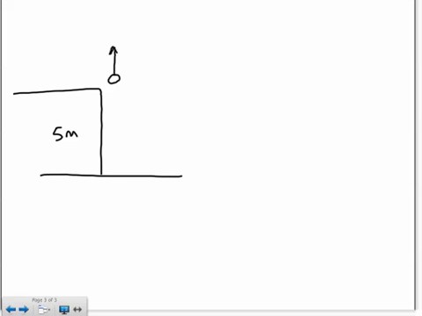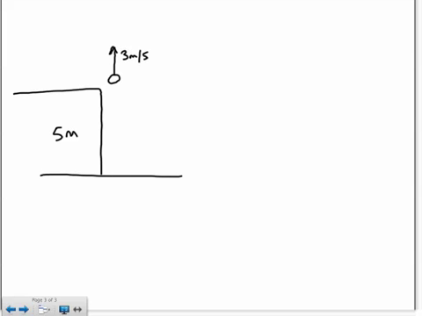A different type of problem. How high do you want the cliff to be? 5 meters. Okay. What do you want the velocity of the ball to be? 3. And what do you want to solve for?